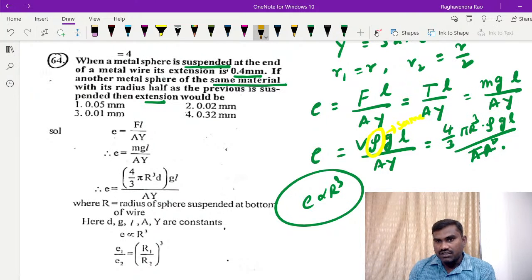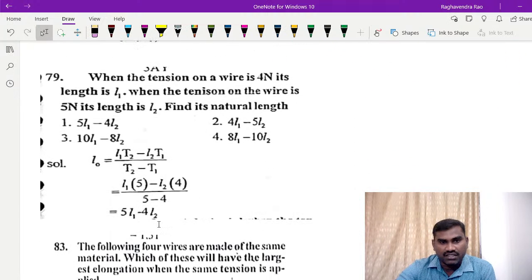So density is the same and Young's modulus is also the same because it is made up of the same material. Elongation is proportional to R cube. So from there we can calculate the value of elongation.